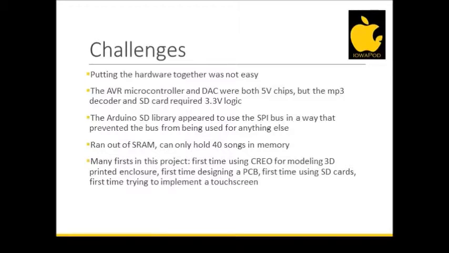So we could only store the song names and artist names of 40 songs. We also had to do many things for the first time in this project, which definitely added a lot of time and effort and frustration too.